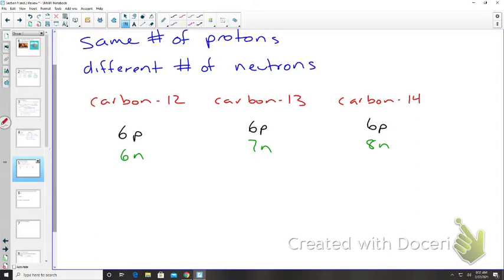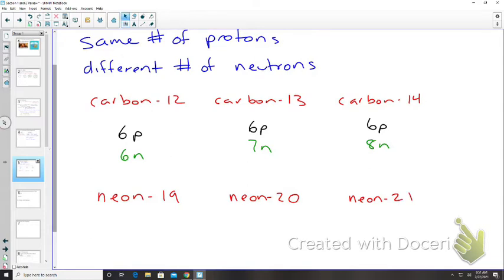Now, what if we did it for neon 19, neon 20, and neon 21? Okay? Do these 3 on your own, please. Oh, and you guys don't have a periodic table, so I'll help you. Neon has an atomic number of 10.